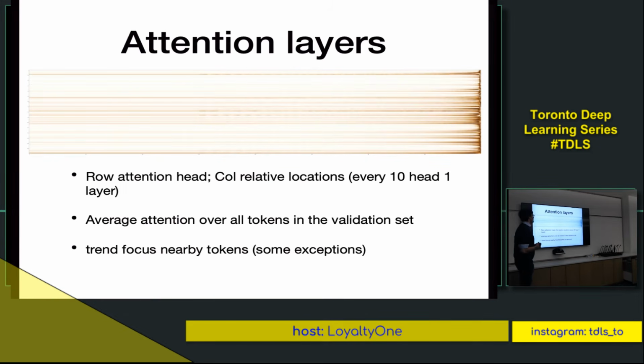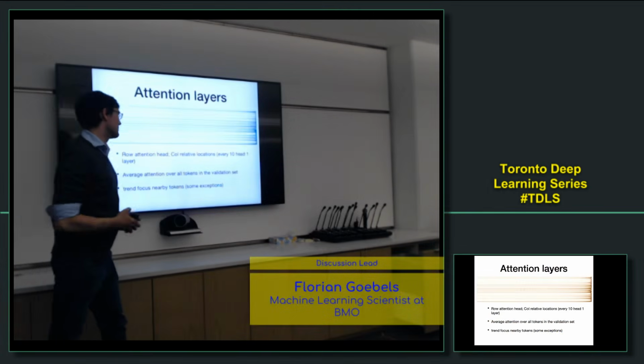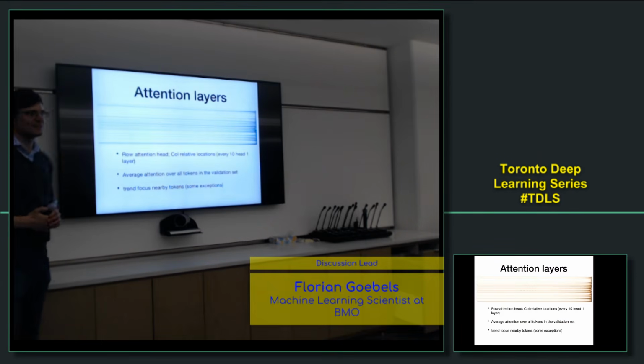This is the average across all layers and all positions in WikiText. What we see is the attention tends to be bigger on the nearby tokens, but there's no big trend to see here.